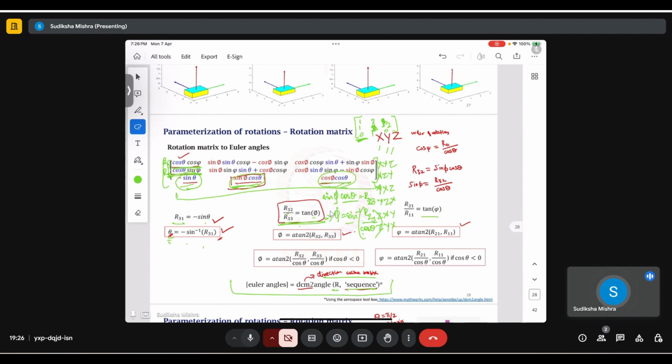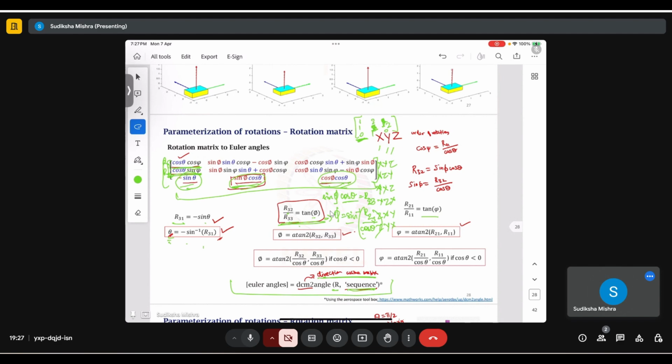To compute the Euler angles, you use something known as the direction cosine matrix and the rotation matrix, and the sequence at which the rotations happen. If they happen first along y, then x, then z, or first along x, then y, then z, you need to know that.